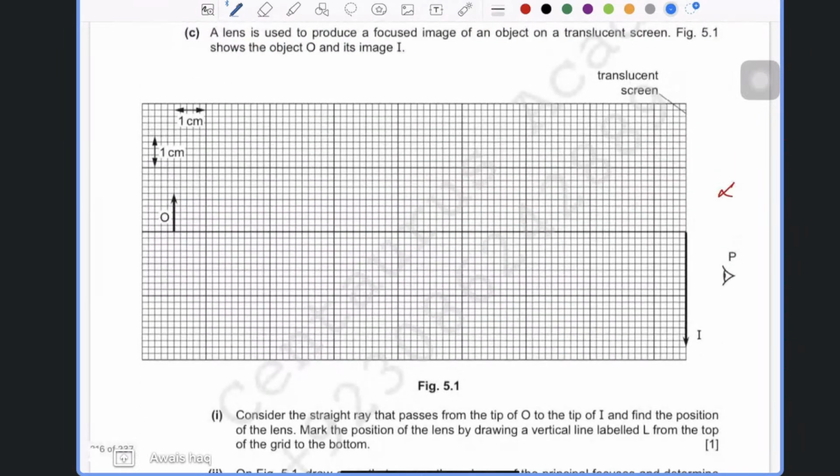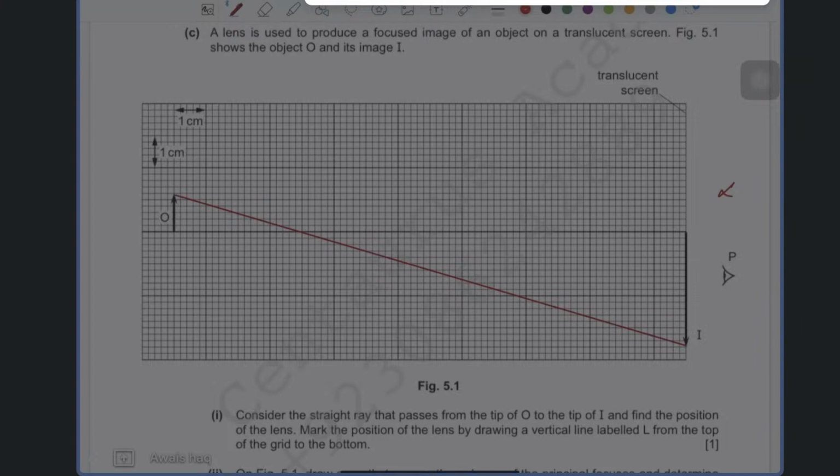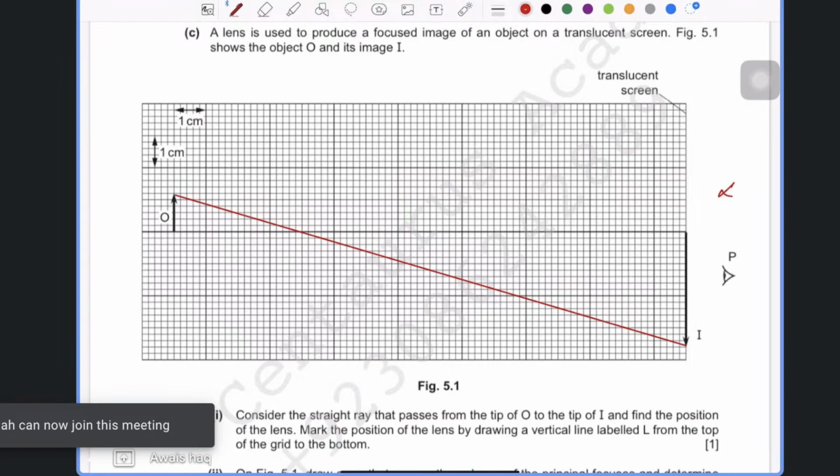Okay. So because you need to understand this is a real image, because it basically forms on the other side, right?